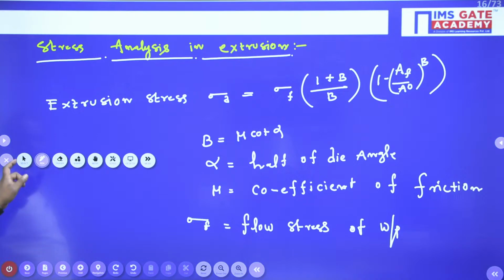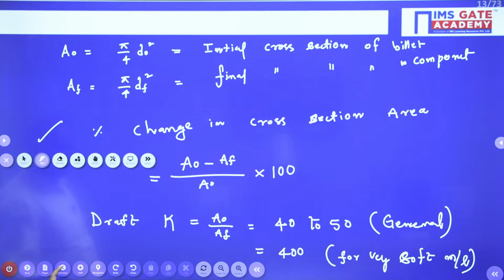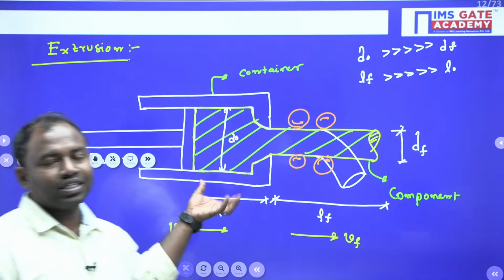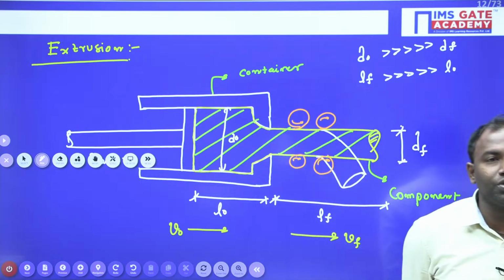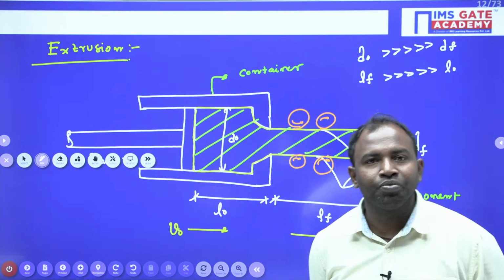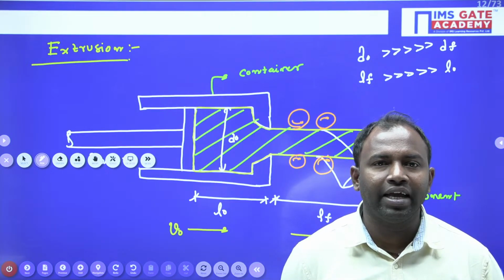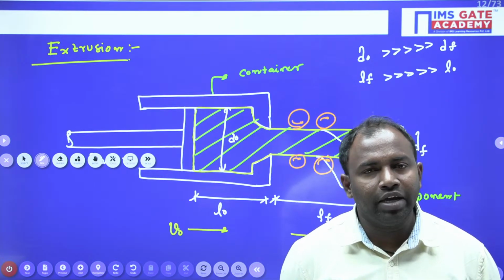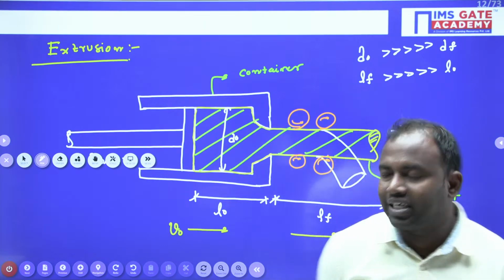All right. Now, if they ask you to calculate the stress required for extrusion, the stress developed in the extrusion, then you can use that formula: sigma F into (1 plus B) by B into (1 minus AF by A naught) whole to power B, where sigma F is the yield stress or flow stress of the material, which will be mentioned in the problem.